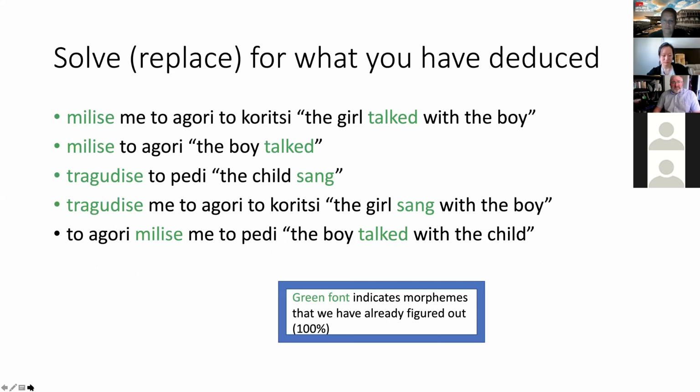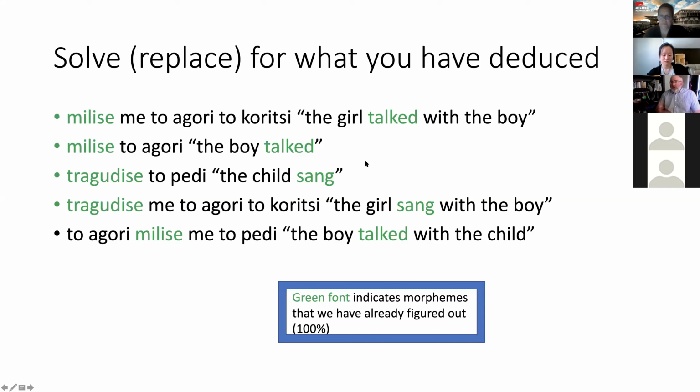Now, the second step is that you replace what you don't know with what you have found out. So this time I use green font to replace all the instances in which I have usage of the words for talk and sing. And you can see that by doing that, it creates new minimal pairs.